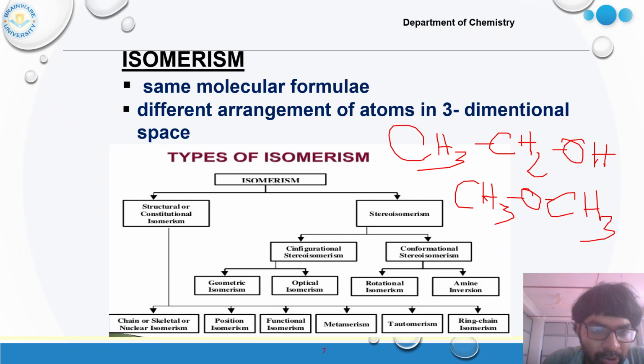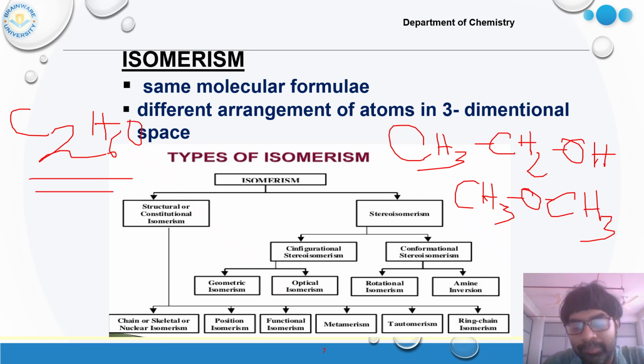Just look at both examples. How many carbons are there? Just look at this. 2 carbons, C2. How many hydrogens are there? 5 plus 1, 6. And how many oxygens are there? 1 oxygen. So C2H6O. Both have the formula C2H6O. So they have the same molecular formula, but just look at the picture.